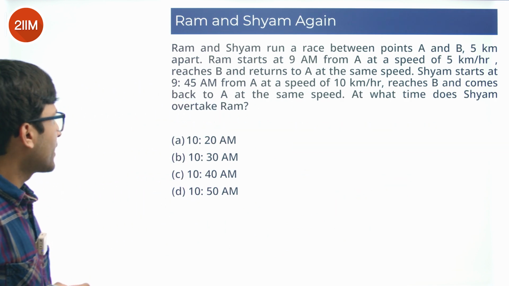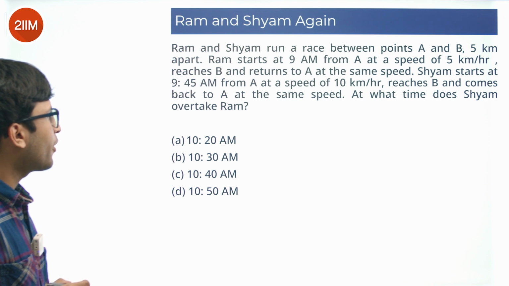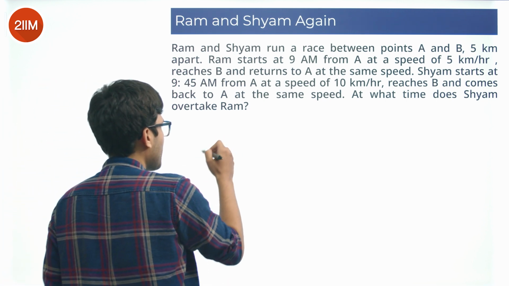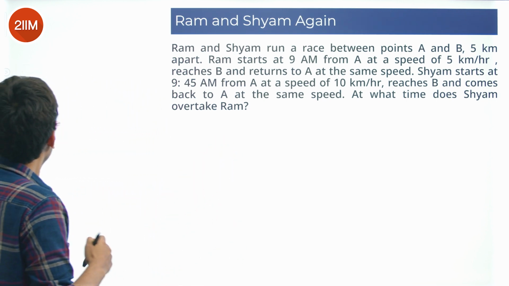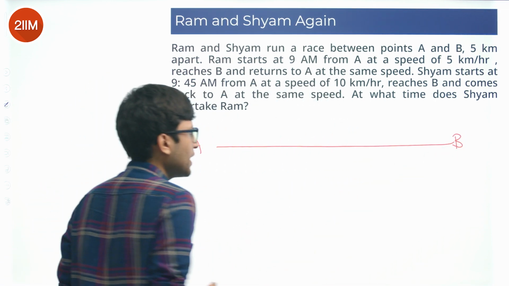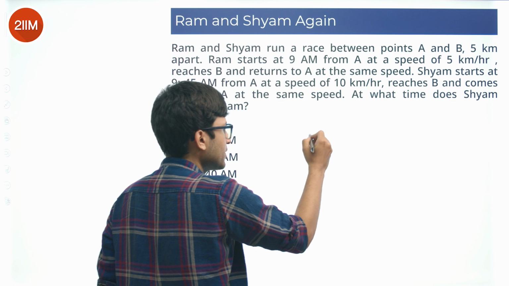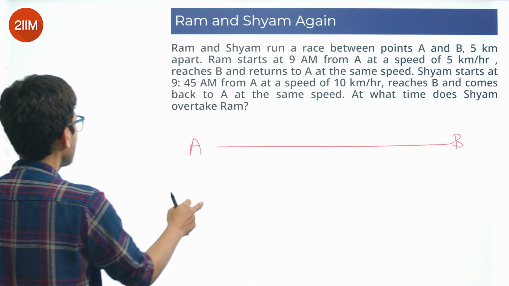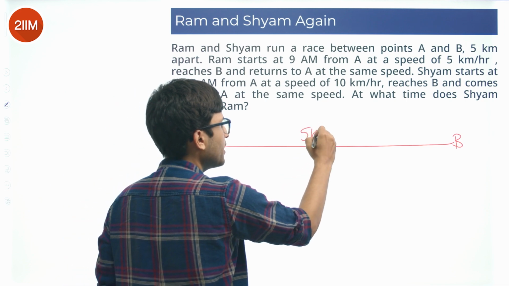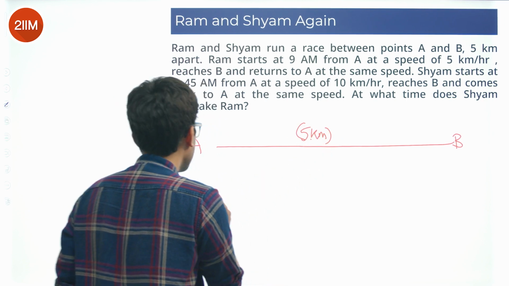Ram and Shyam again. Ram and Shyam run a race between points A and B, 5 kilometers apart. Let's draw it at the same time. There are 2 points A and B which are 5 kilometers apart. There are 2 persons.